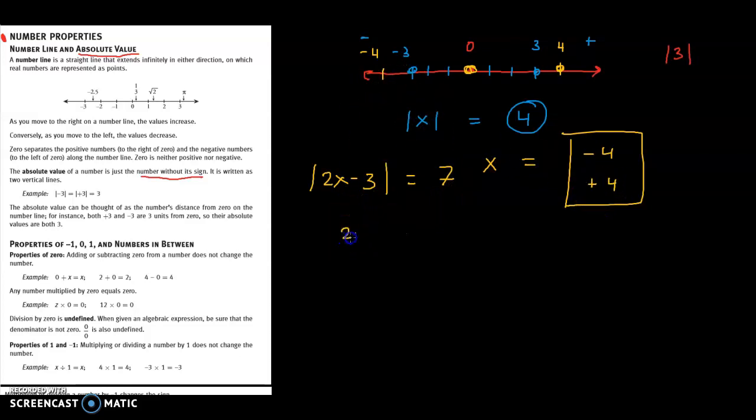That means 2x minus 3 is either equal to positive 7, or 2x minus 3 is equal to negative 7. This is the way you need to think about absolute value. It's just measuring how far away you are from 0, and whatever value they give you, you could be either a positive or negative distance.